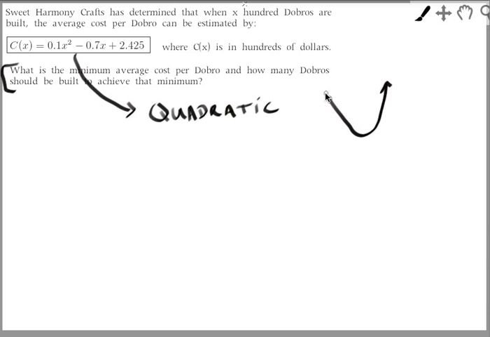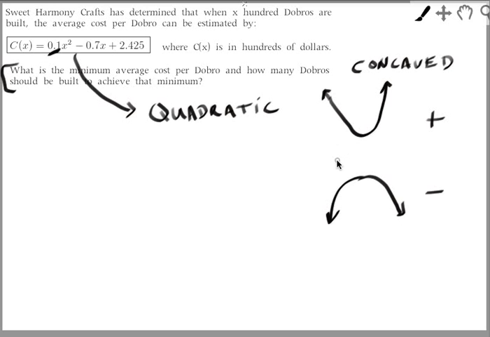And also, I think you realize that when the coefficient of the x squared term is positive, the parabola is concaved up. And alternatively, when the coefficient in front of the x squared term is negative, the parabola is concaved down.